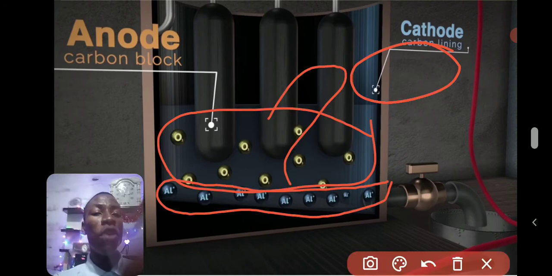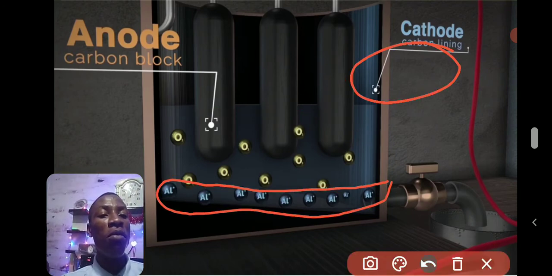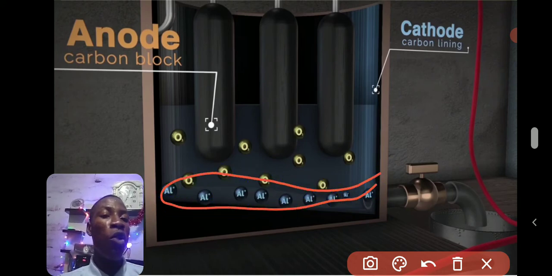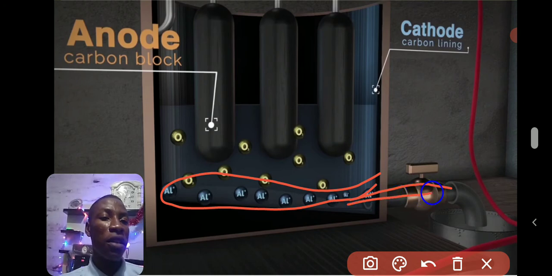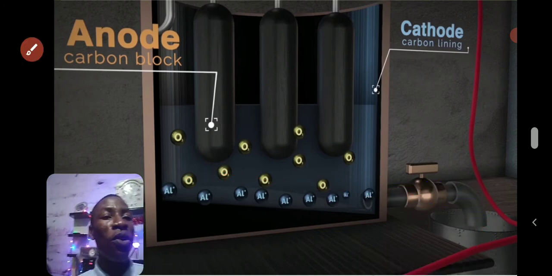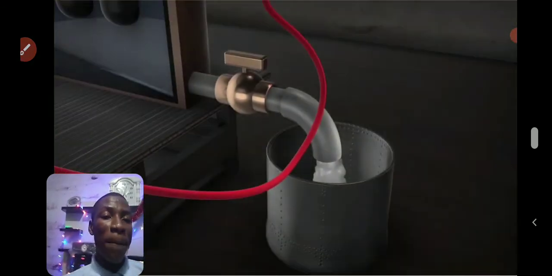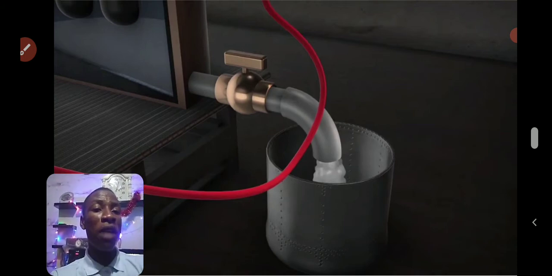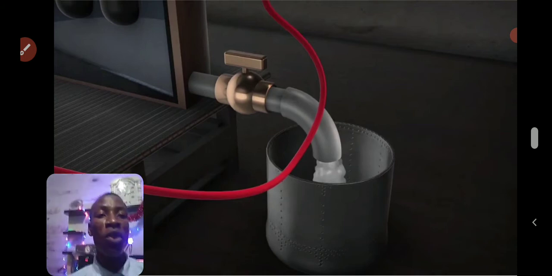So you are going to observe that the aluminium metal that is formed will flow out of this tap into this container. So that is how we prepare aluminium by the Hall-Heroult process. So this is the aluminium coming out from the tap into this container.